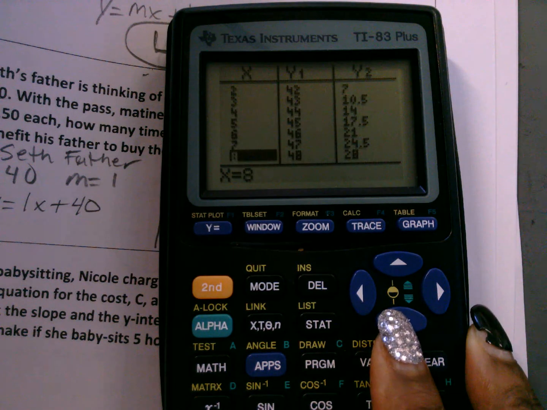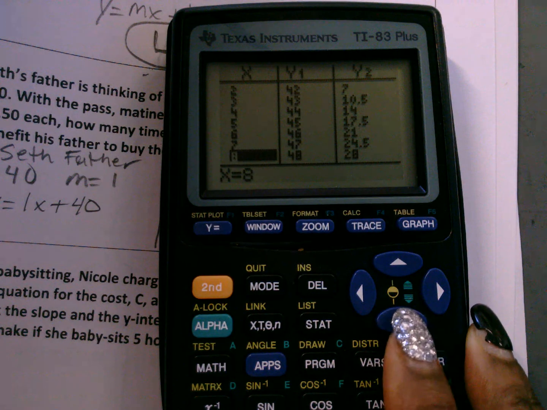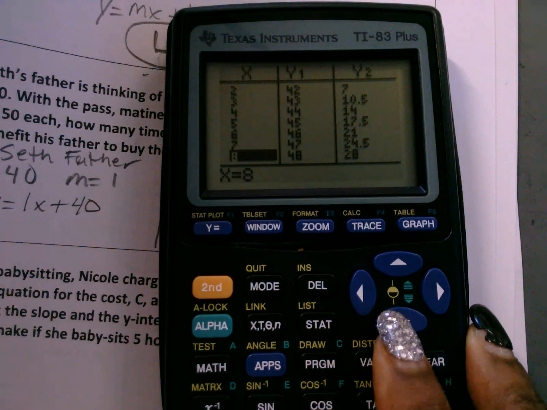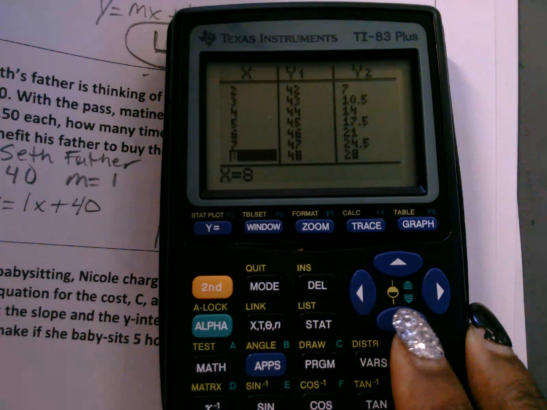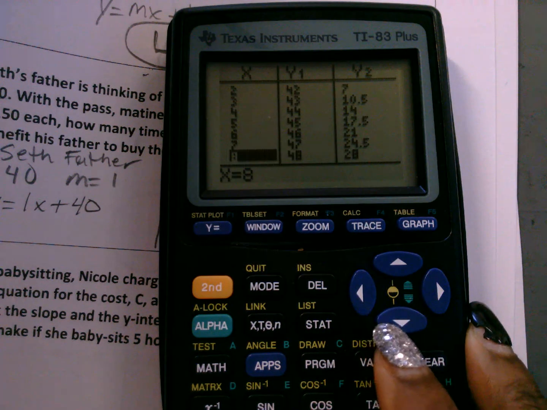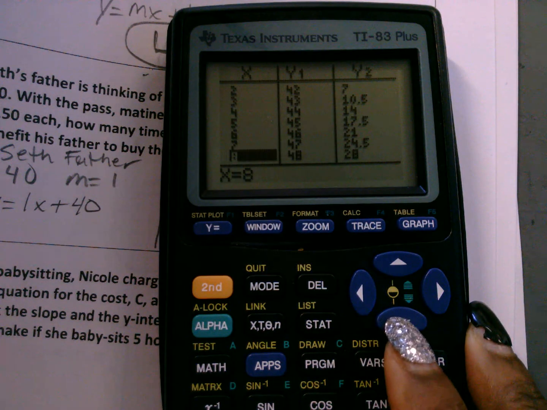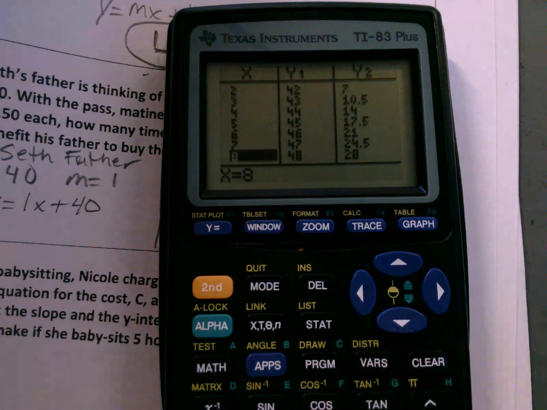You keep going down until you figure out how many times he has to go to the movies for the deal that his father received to be cheaper. I'll pause to give you a chance to investigate.